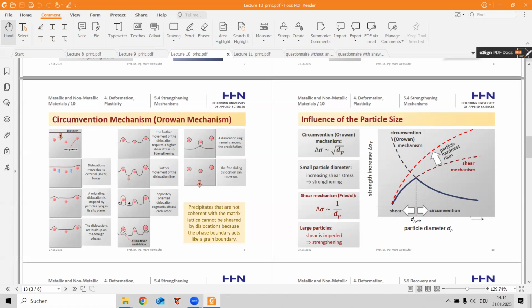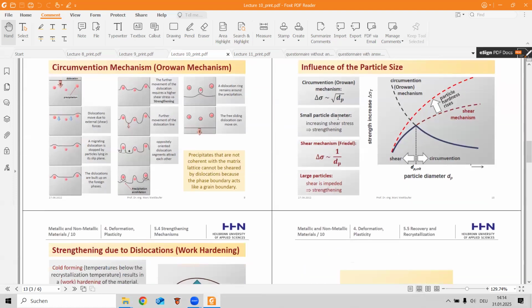Influence starts. As we have seen before, in the circumvention mechanism delta sigma is proportional to 1 divided by the particle diameter, so a small particle diameter increases shear stress and strengthening. In the shear mechanism, Friedel, delta sigma is proportional to the particle diameter. So a large particle is sheared, and there is strengthening.